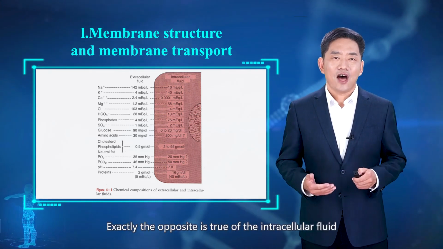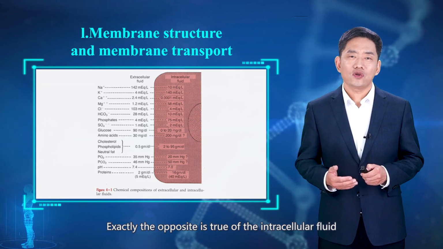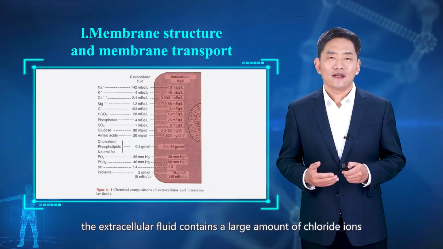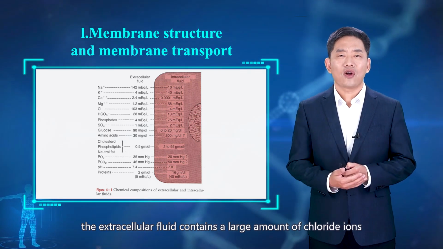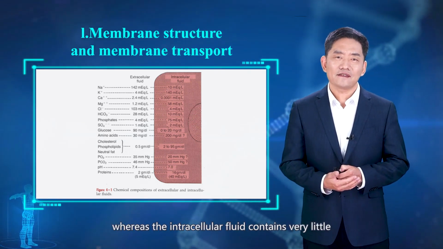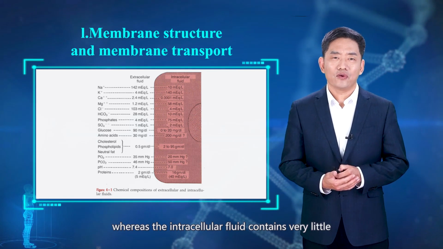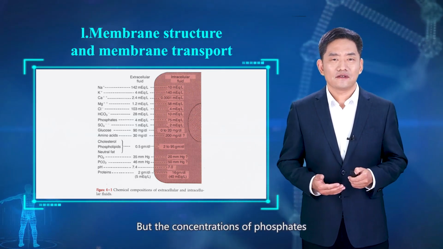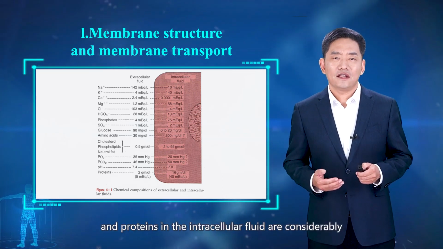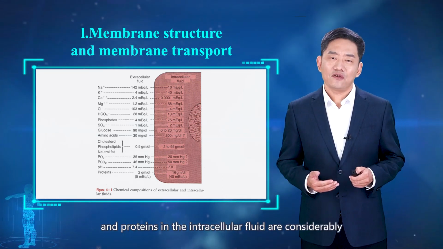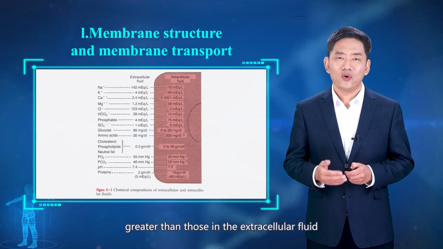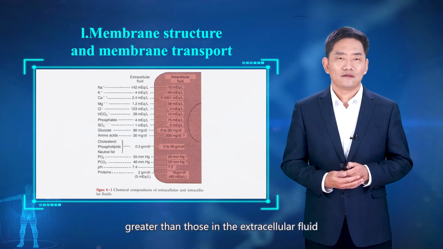Exactly the opposite is true of the intracellular fluid. Also, the extracellular fluid contains a large amount of chloride ions, whereas the intracellular fluid contains very little. But the concentrations of the phosphates and the proteins in the intracellular fluid are considerably greater than those in the extracellular fluid.